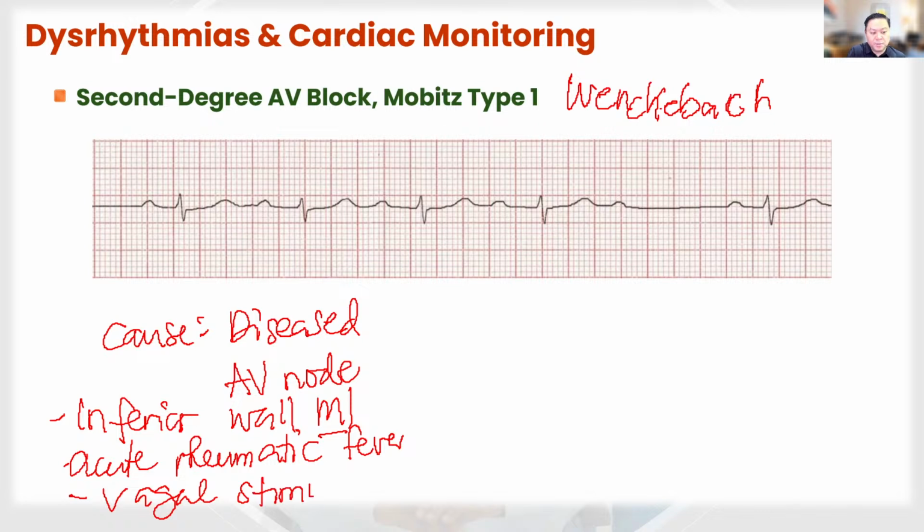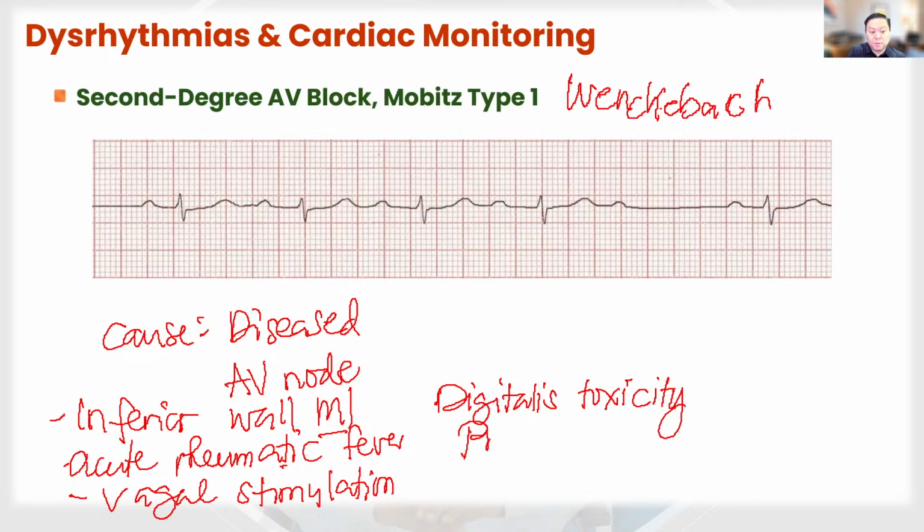Vagal stimulation when the patient is holding their breath, or it could be caused by digitalis toxicity. Okay, so that's another one. Patient will go into a type 1 second-degree heart block. Or maybe they are taking the propranolol as well, the beta blocker. And probably procainamide, quinidine, those anti-arrhythmic medications.